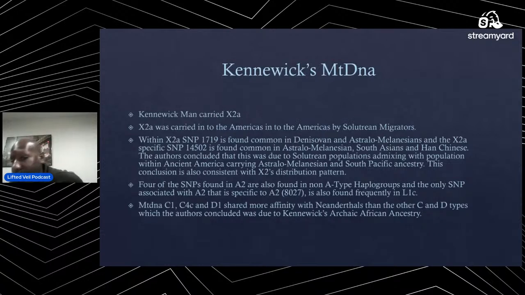Meaning it's not found in Canada, it's not found in Alaska, it's not found in Beringia, it's not found in Siberia. It's not found anywhere in the world besides North America. So if it got here, the question that obviously needs to be answered is, how did it get here? They offered their explanation here. And it makes sense because of the way that X2a is clustered and patterned on the East Coast.